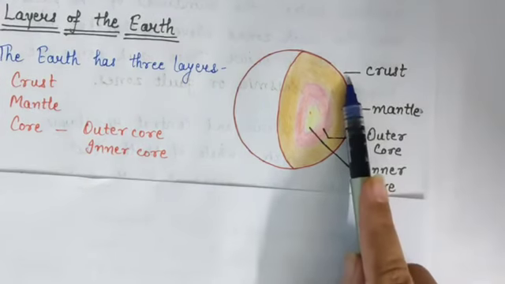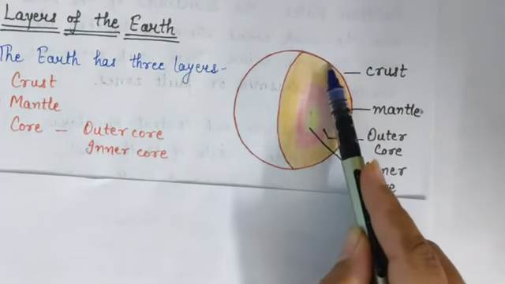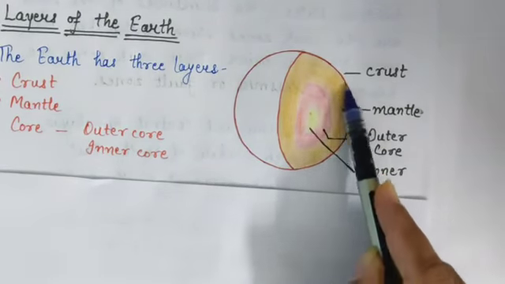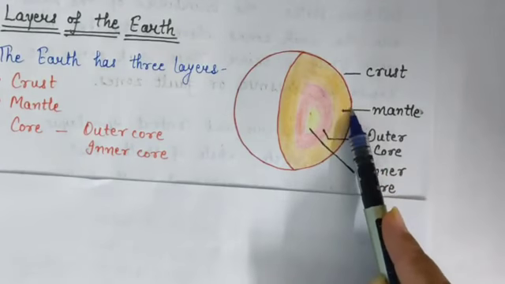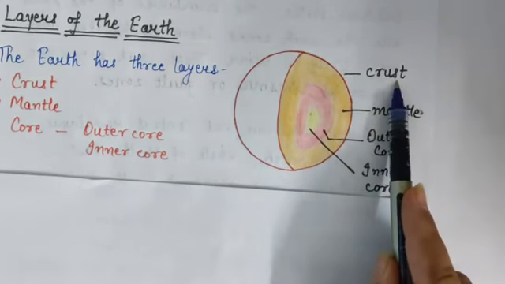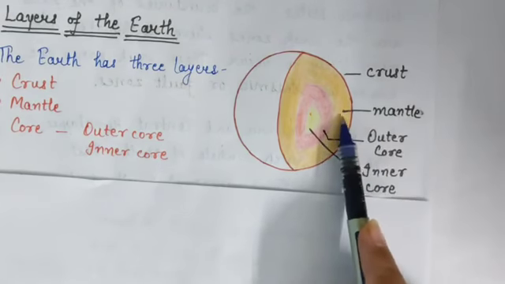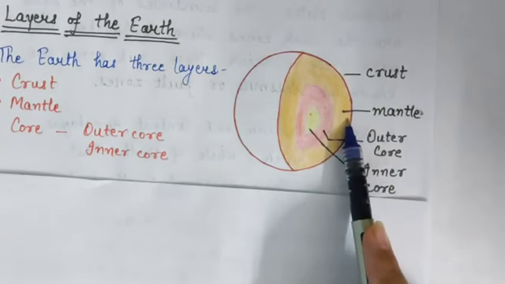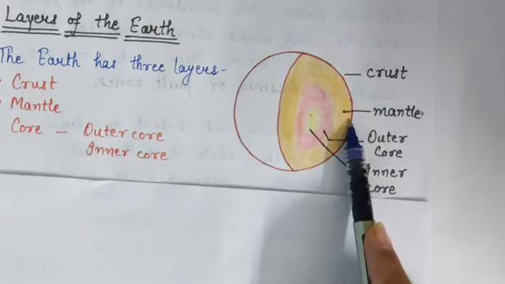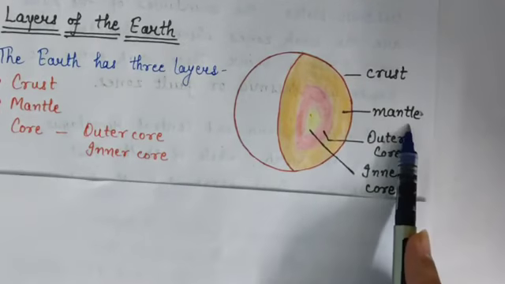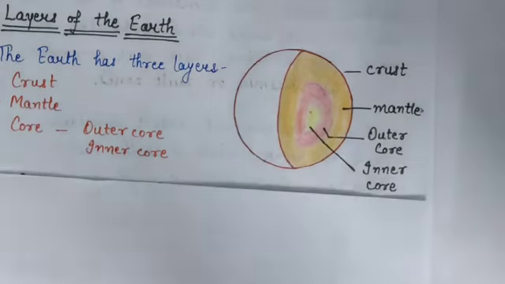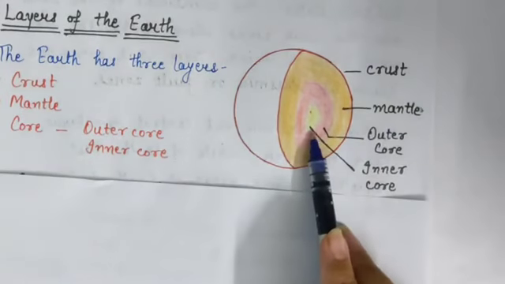The outermost layer of earth, this layer, is called crust, and the layer which lies under the crust is called mantle, and the layer which lies below the mantle is called core.